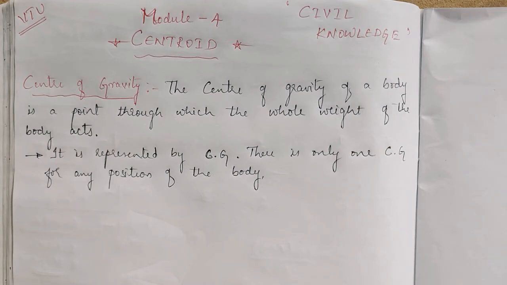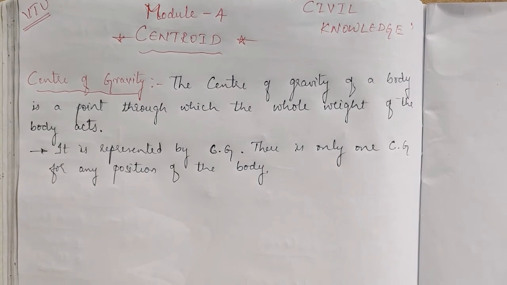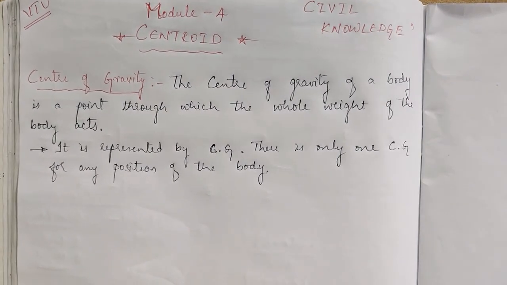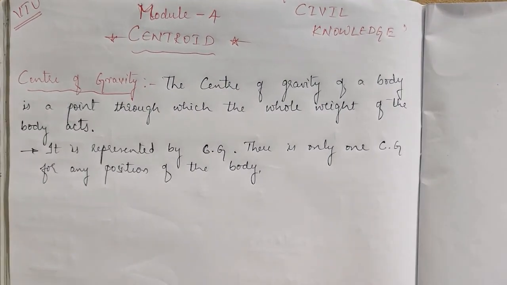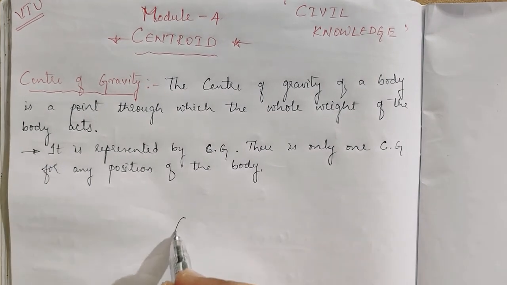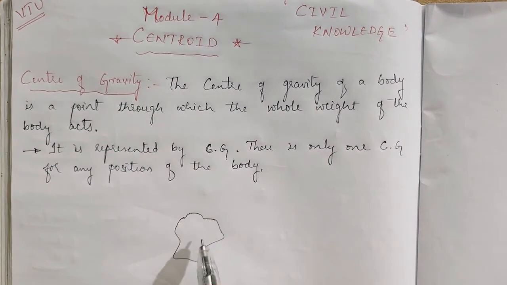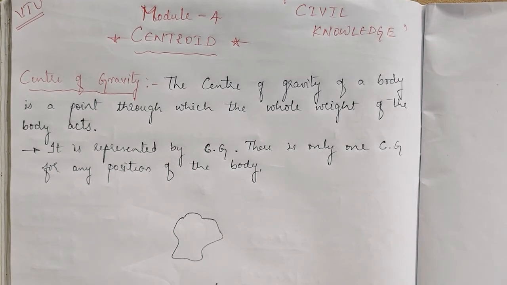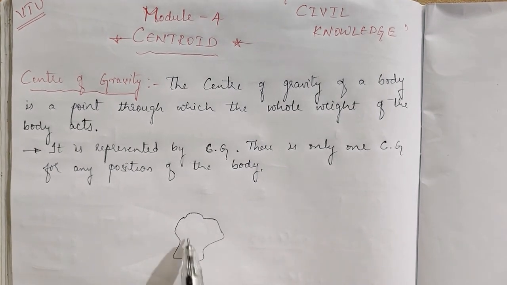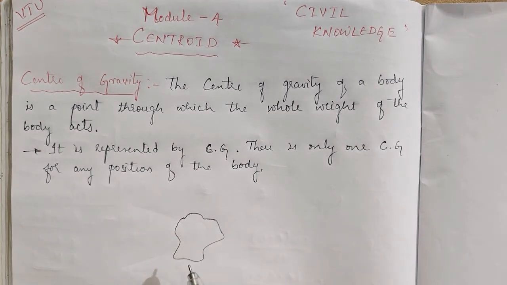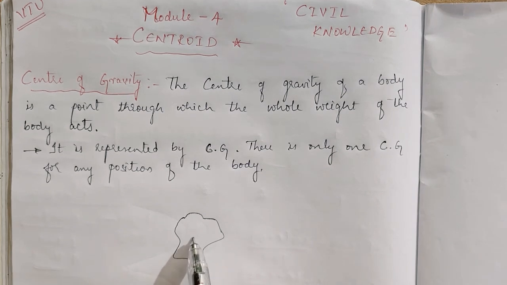The center of gravity of a body is a point through which the whole weight of the body acts. If I consider a body, any body you take, the weight will be concentrated where there is heavy mass.